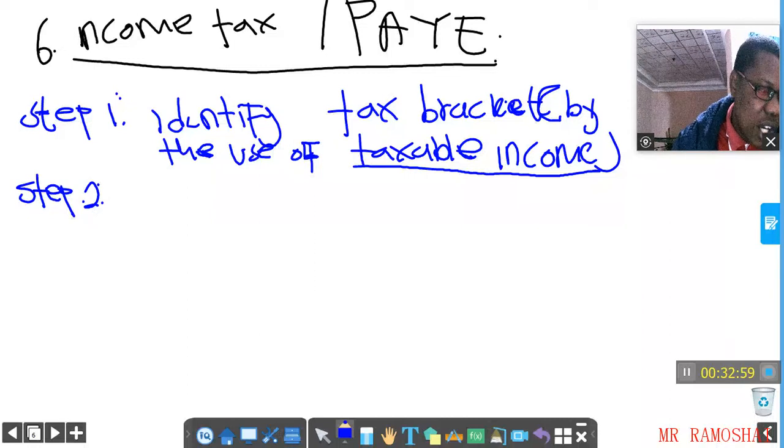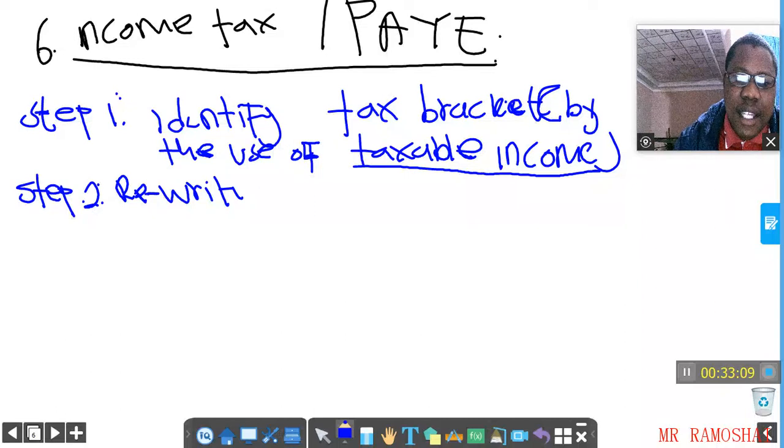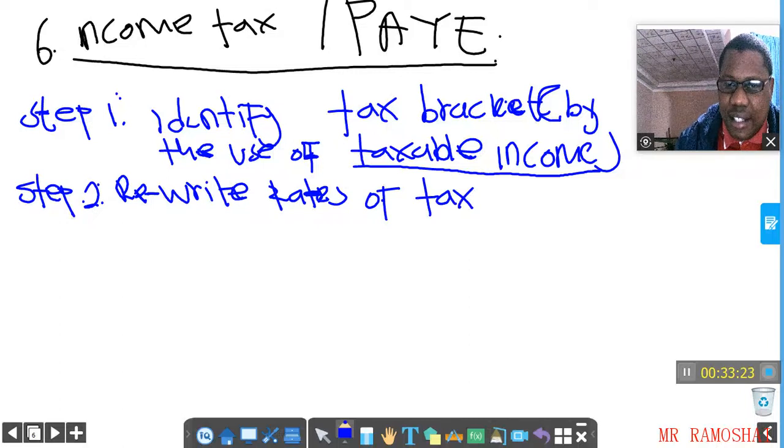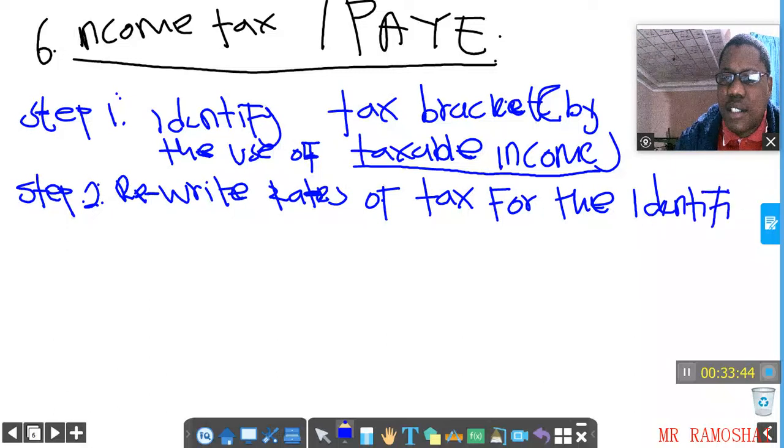The second thing that we have to do is rewrite the rates of tax for the identified tax bracket.